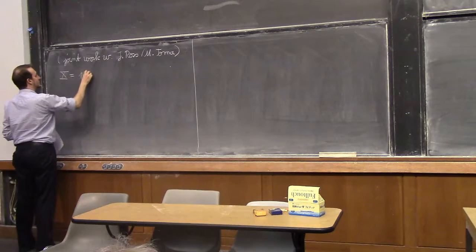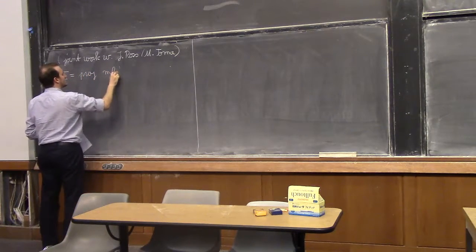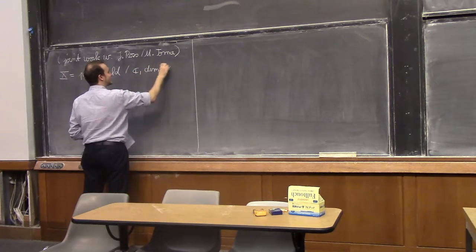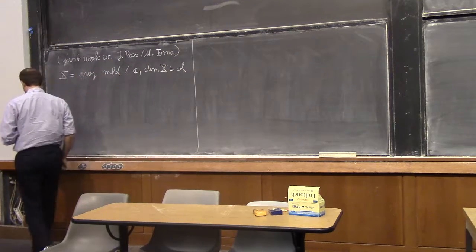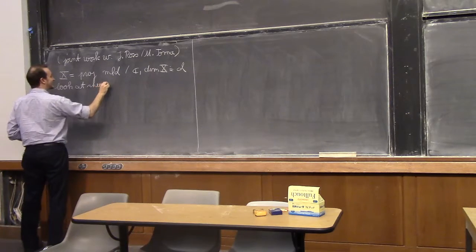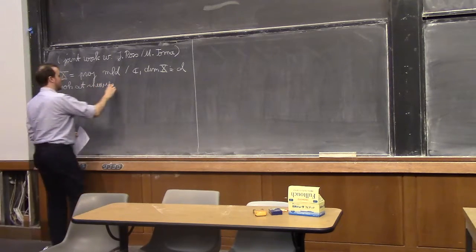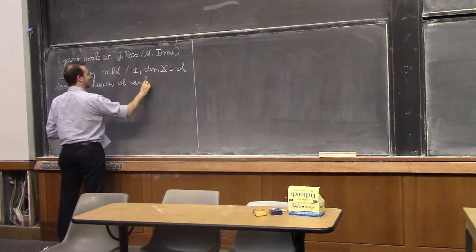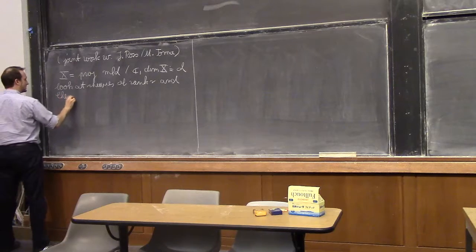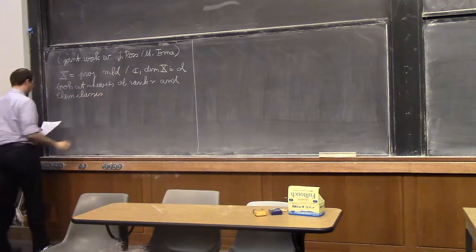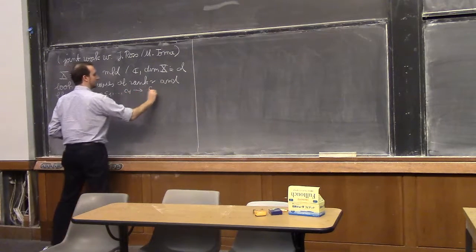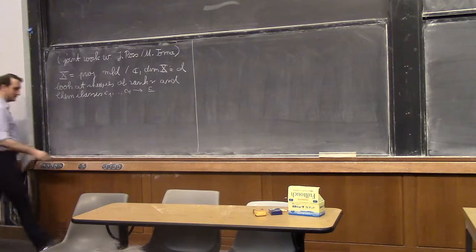X will always be a projective manifold over the complex numbers, the dimension of which I will denote by d, and I look at sheaves of fixed rank r and Chern classes c_1 up to c_d, which I sum up in a vector c.